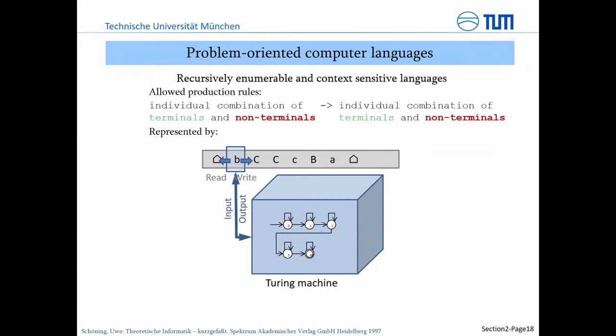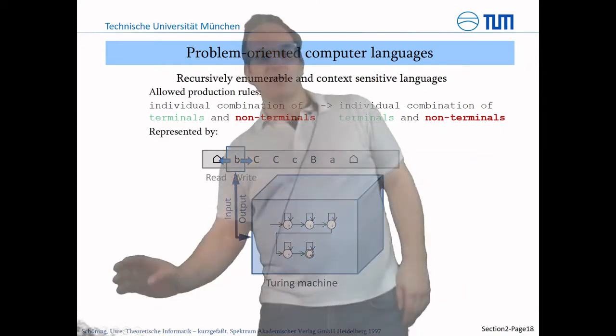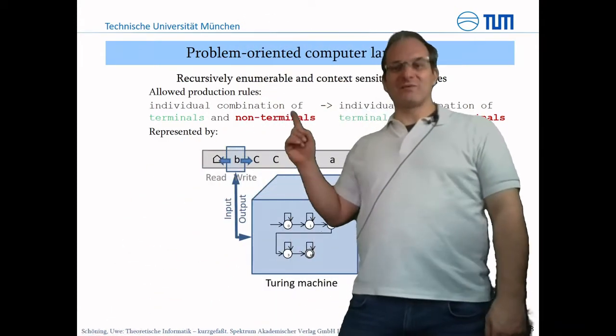But then you can also find recursively enumerable and context-sensitive languages. In case of the context-sensitive languages, I can tell you what the difference is between the previous simple language parts and this. If you remember, what did we have?